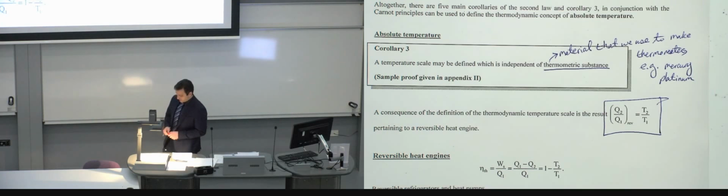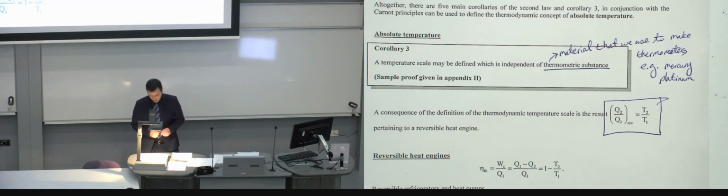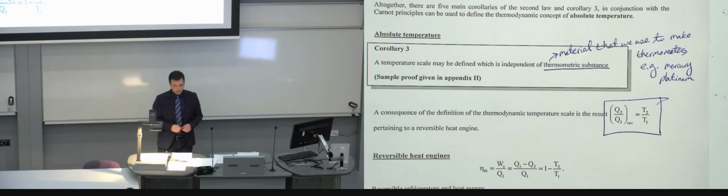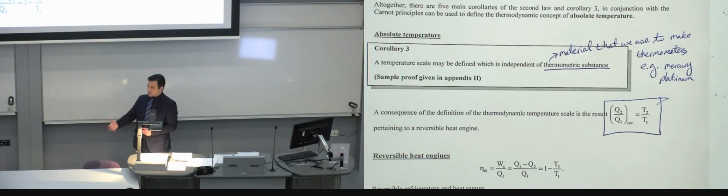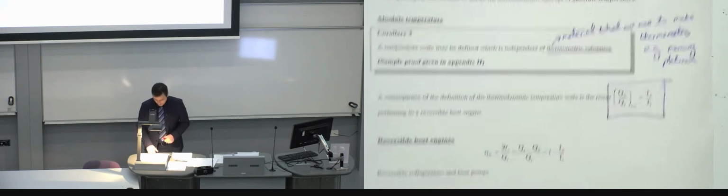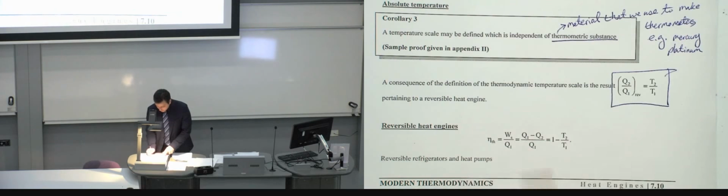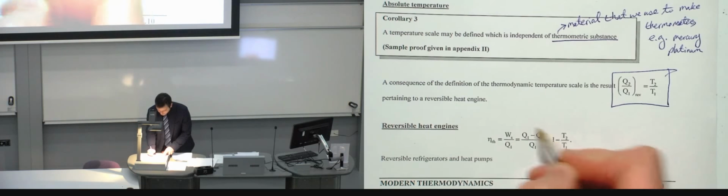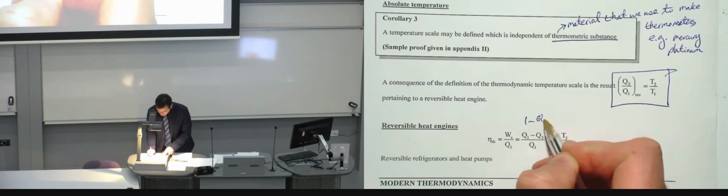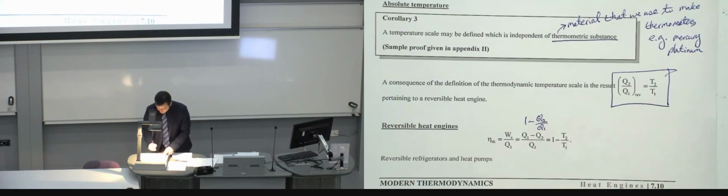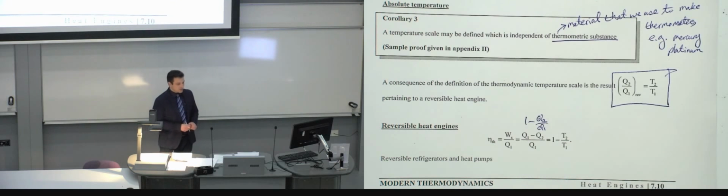So in all the equations that we've seen so far, Q2 divided by Q1, you can replace by T2 over T1. Going back, for example, to the thermal efficiency of the direct heat engine, Q1 minus Q2 divided by Q1, which essentially is 1 minus Q2 over Q1, can be written as 1 minus T2 over T1.